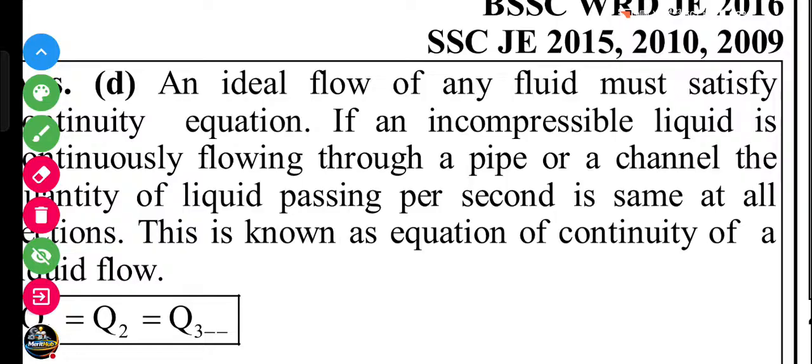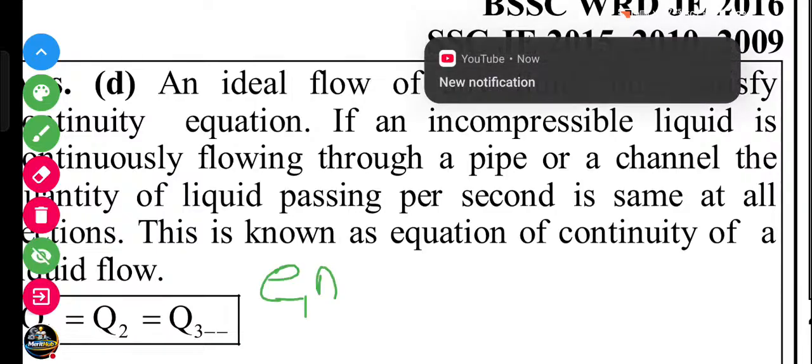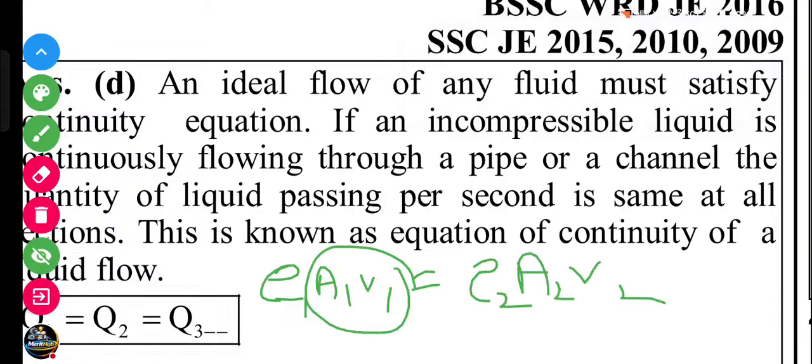This is known as the continuity equation: rho1 A1 V1 equals rho2 A2 V2, where A1 V1 is called the flow rate Q1. If the fluid is incompressible and the density is constant, then we cancel out the densities.